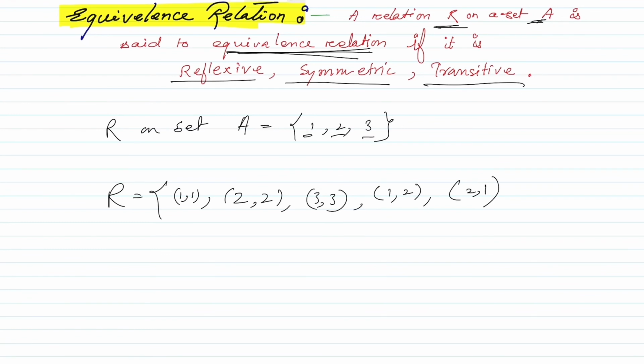So what are the elements in A? 1, 2, 3, and this relation contains (1,1), (2,2) and (3,3). That's why it is reflexive.